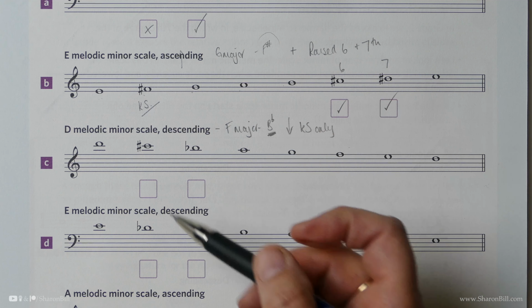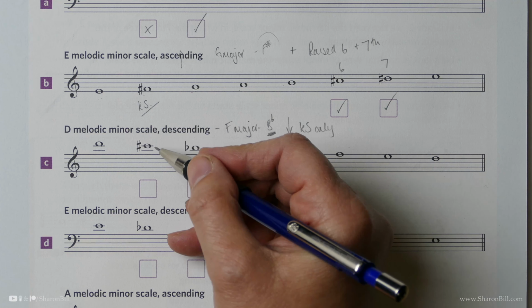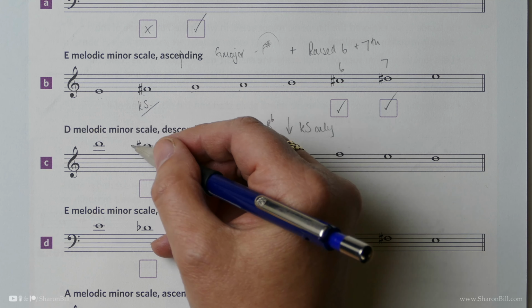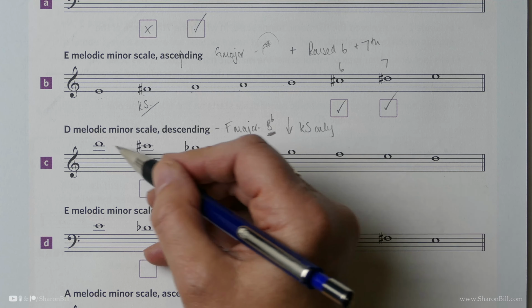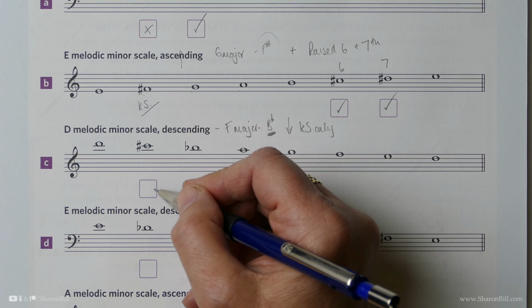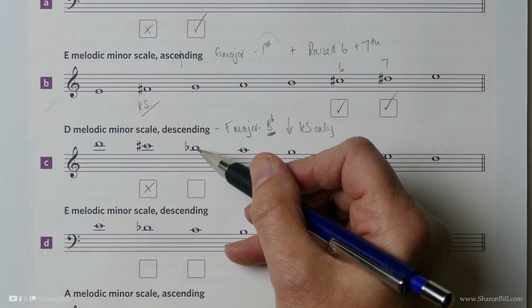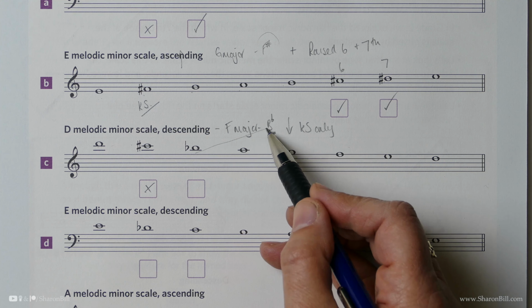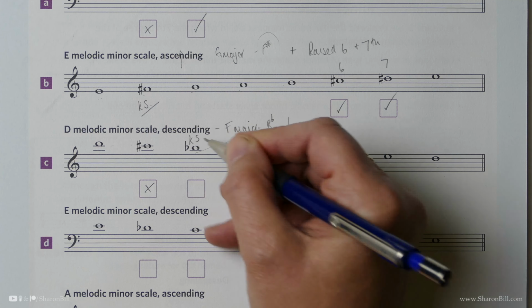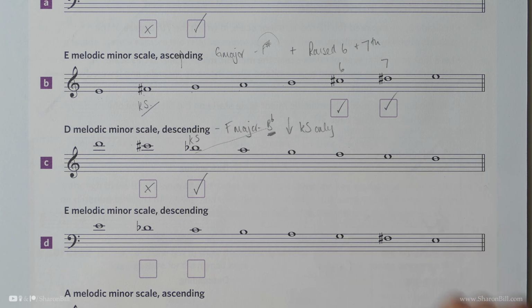And so what do we have here? Well, if this is D, this is a C sharp, so actually that's the raised 7th. That is incorrect. However, the B flat is correct because that's our key signature. So that's correct. And that's that completed.